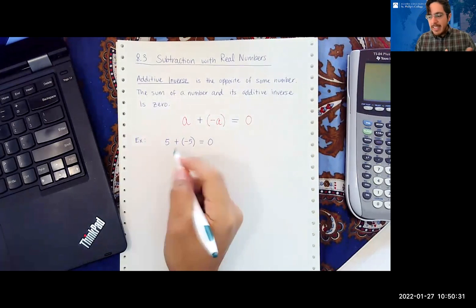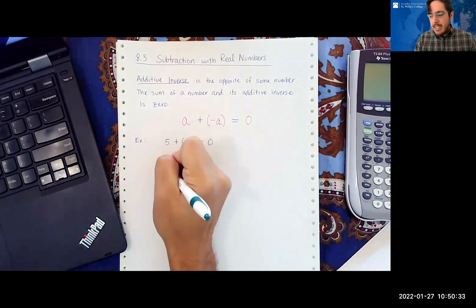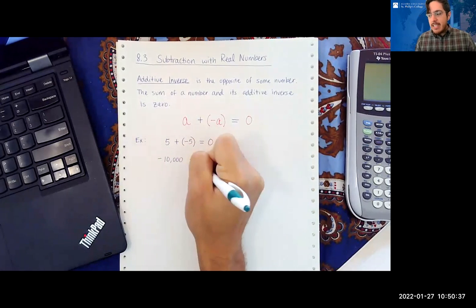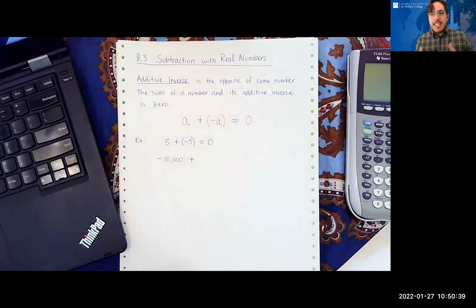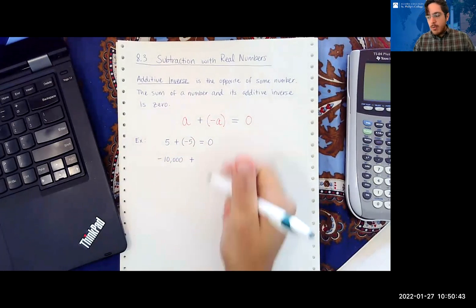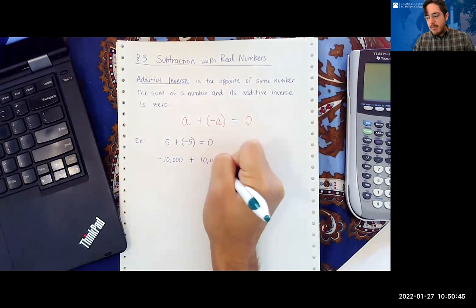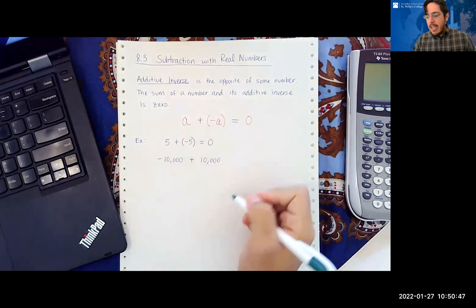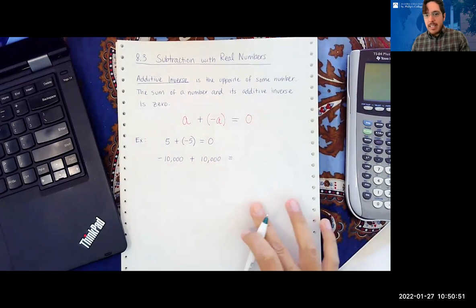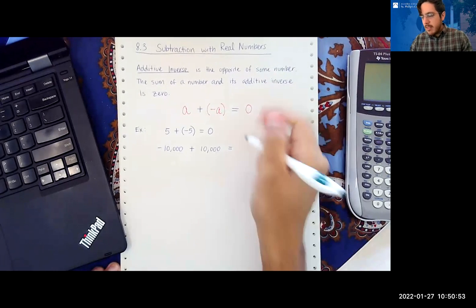But this works with anything. If I had, let's say, negative 10,000 and I added its additive inverse, or its opposite, the opposite of negative 10,000 would be positive 10,000. If I added those together, it will be 0, right?